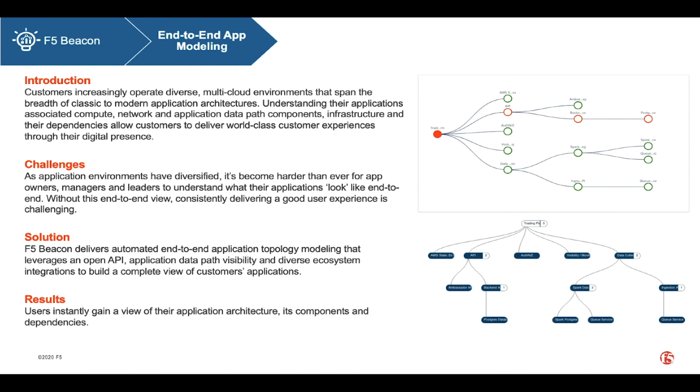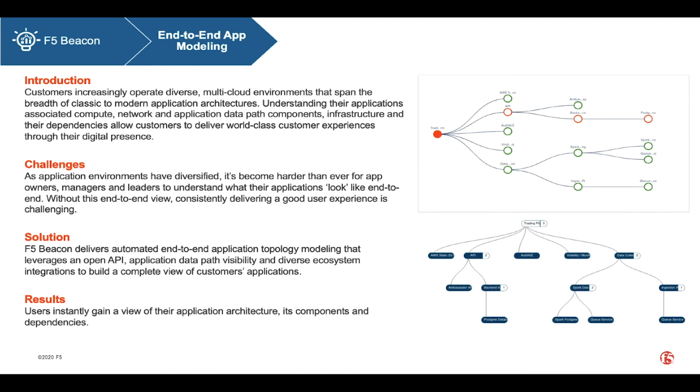Beacon offers an app-centric view by virtue of modeling the various dependencies of applications in order to allow customers to better understand how the health of the applications is derived, point of failures, and overall giving them an end-to-end view over the health of those applications.